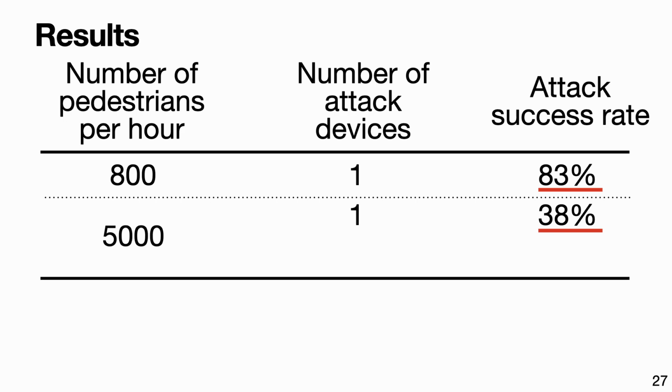When the number of pedestrians per hour is 5000 and the number of attack devices is 1, the attack success rate drops to 38%. This means that as a result of reduced distance between people, it has become more difficult to link identifiers to their senders.